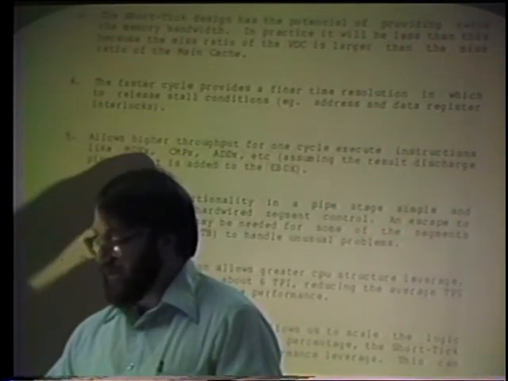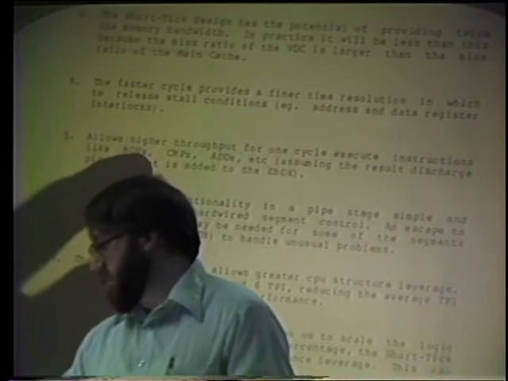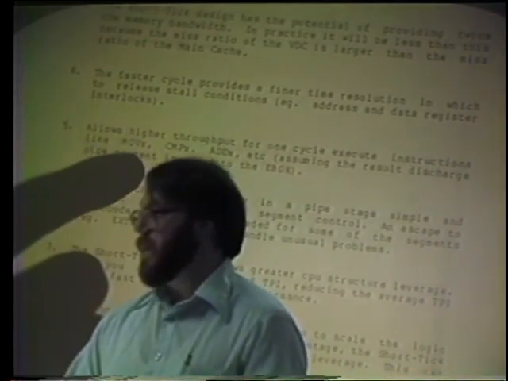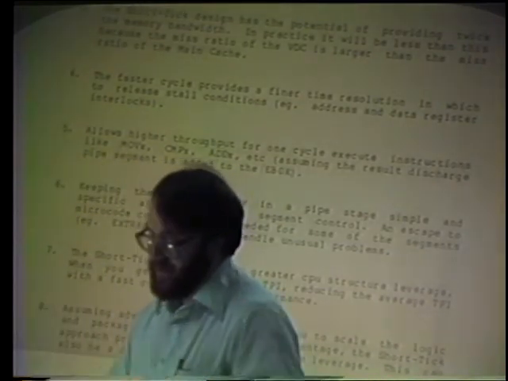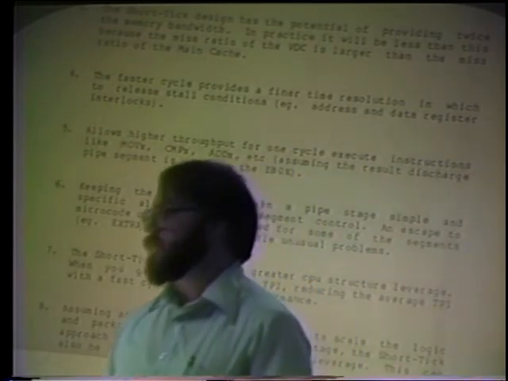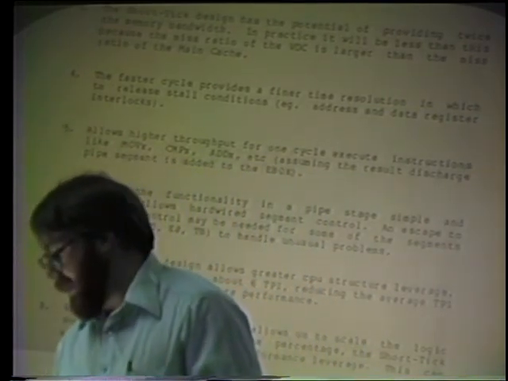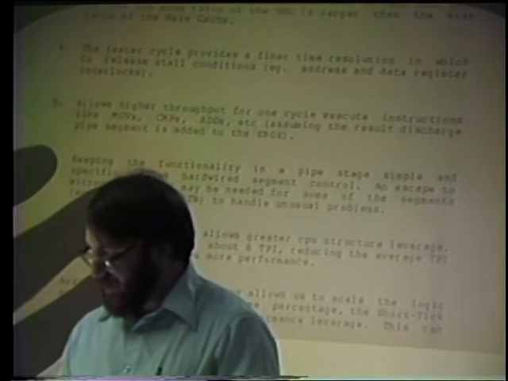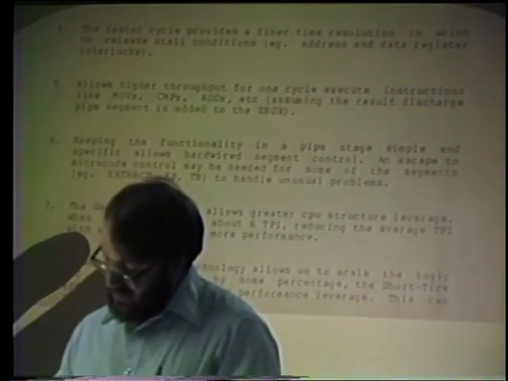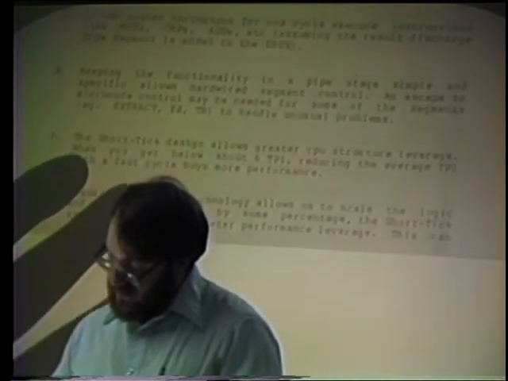For something like even a single cycle execute in this model, it still takes 2 cycles because it takes a second cycle to discharge the result depending on where it's going. Now, you do the ALU function in the 1 cycle, and the next cycle you try to figure out where to put it. And if you had that, it would be fully piped. It'd be interesting to try that, see if it really buys you much performance. That was something I didn't get to.